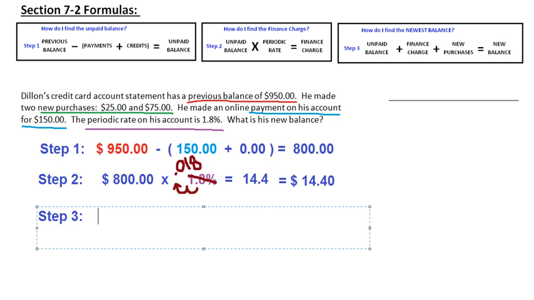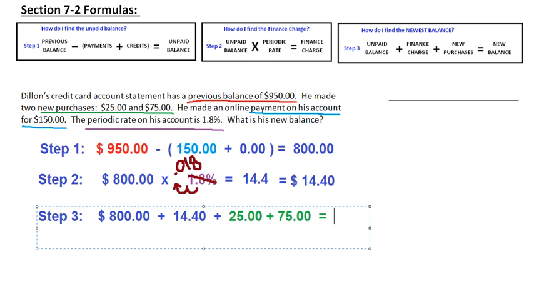Step 3. We take our unpaid balance. Once again, that's the $800 from step 1. We add it to the finance charge. That's the $14.40 from step 2. And we add it to any new purchases that we have. If you want to, you can separate them out like this, or you can write it as just $100 even.